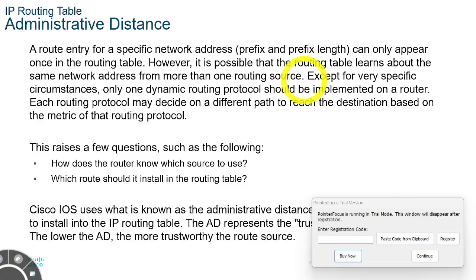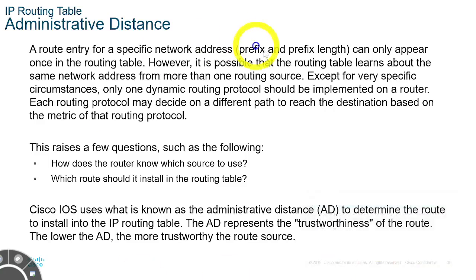So, except for very specific circumstances, only one dynamic routing protocol should be implemented on a router. No two, no three. Only one. Each routing protocol may decide on a different path to reach the destination based on some metric.